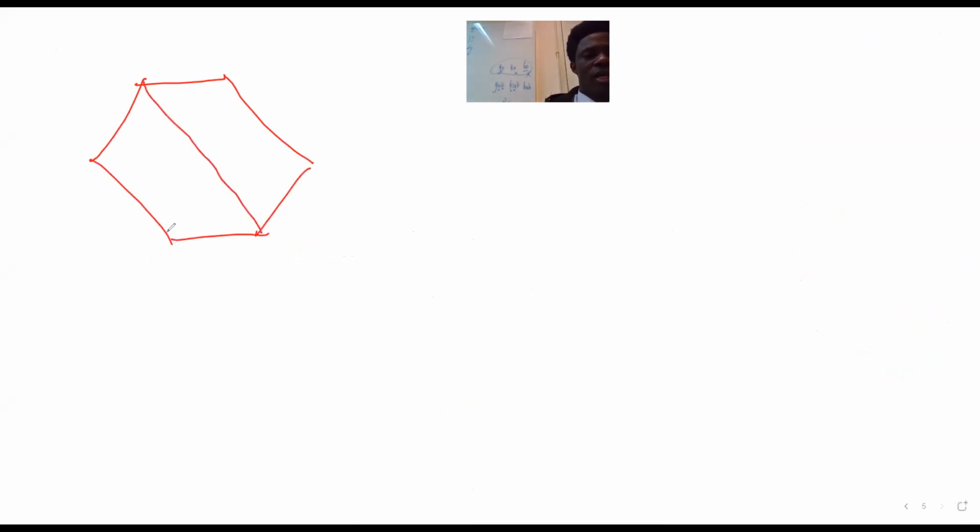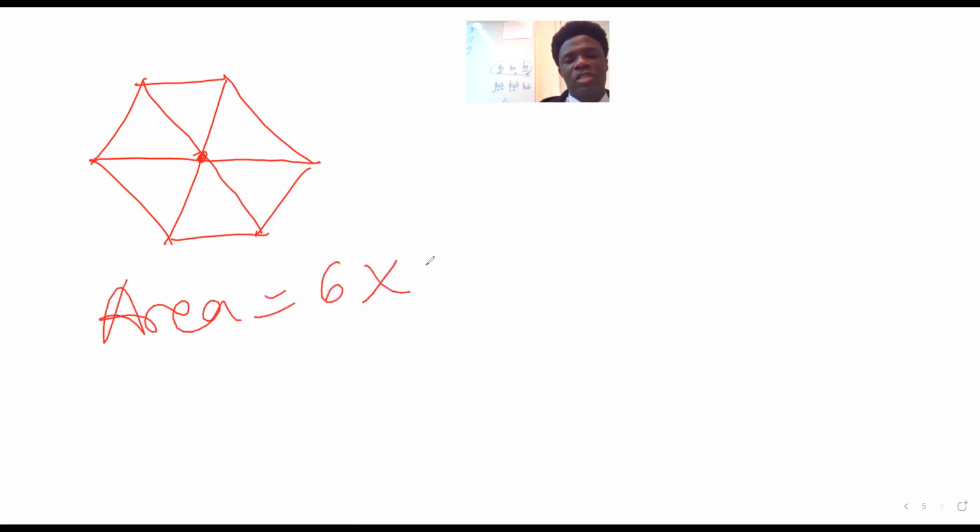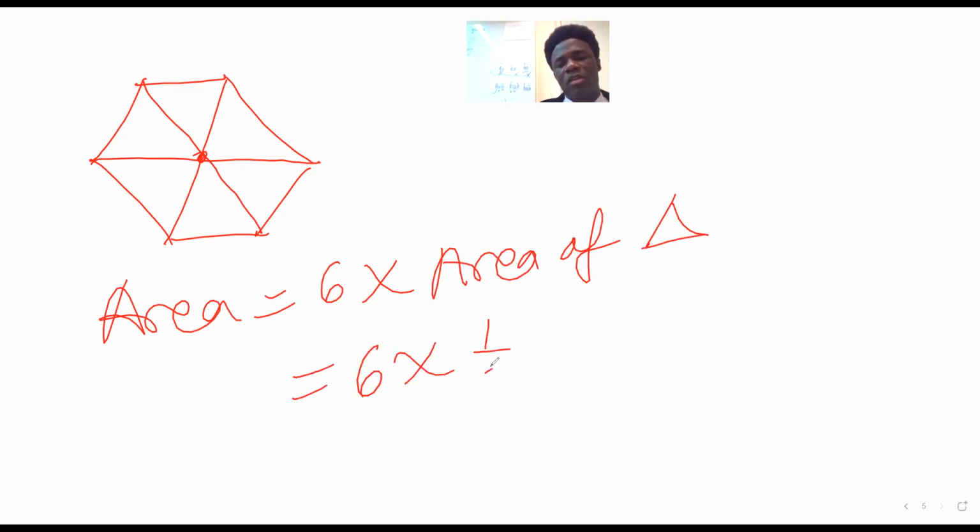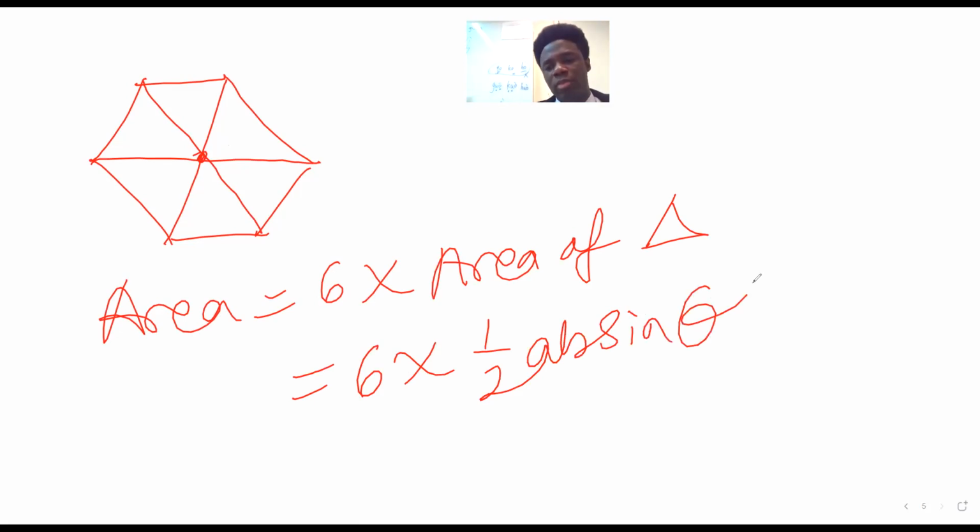A regular hexagon will consist of 6 equilateral triangles. So the area of that regular hexagon is simply 6 times the area of a triangle. That's all you have to do. That is going to be 6 times half AB sine theta. Okay, so explain in this way so we know what you have done and do the needful.